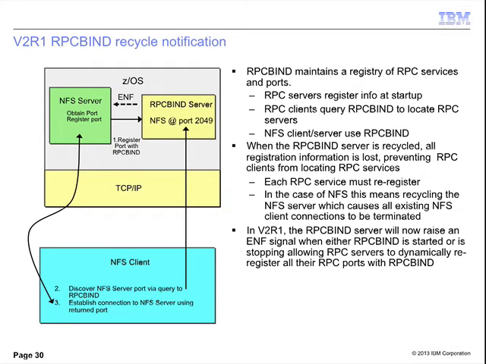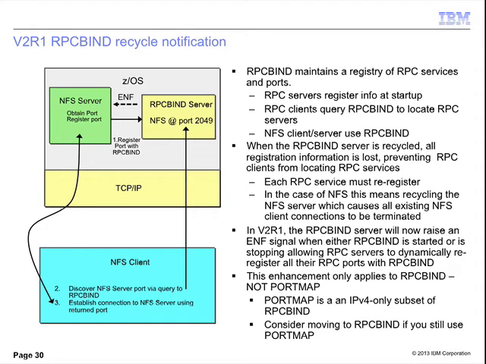So here in the picture you see the ENF signal get raised, the NFS server sees that, it re-registers its ports, and now we're good to go again. Now it's important to note this is an RPC bind function. There is an older daemon on Comm Server called PortMap, and PortMap has basically the same premise, to provide RPC clients with knowledge about where RPC services reside, but it's an older daemon.